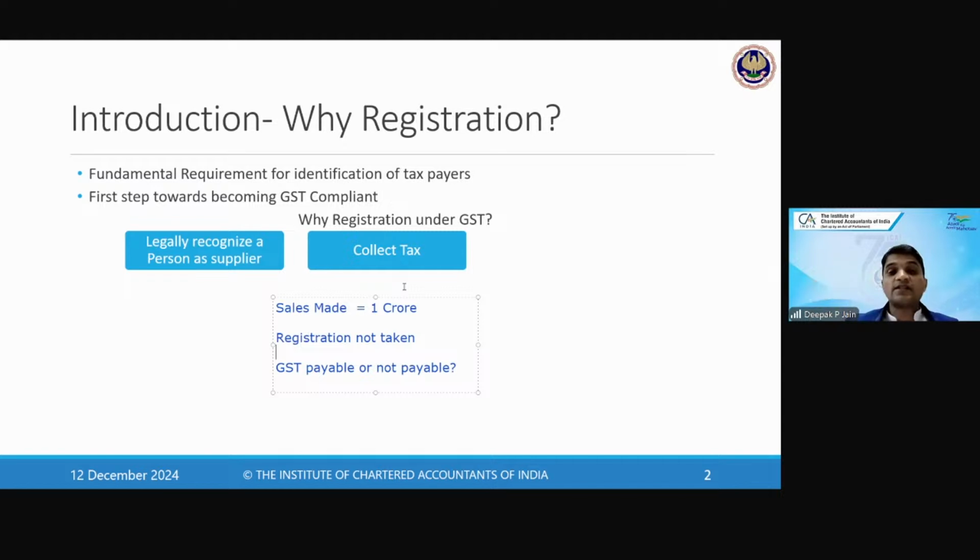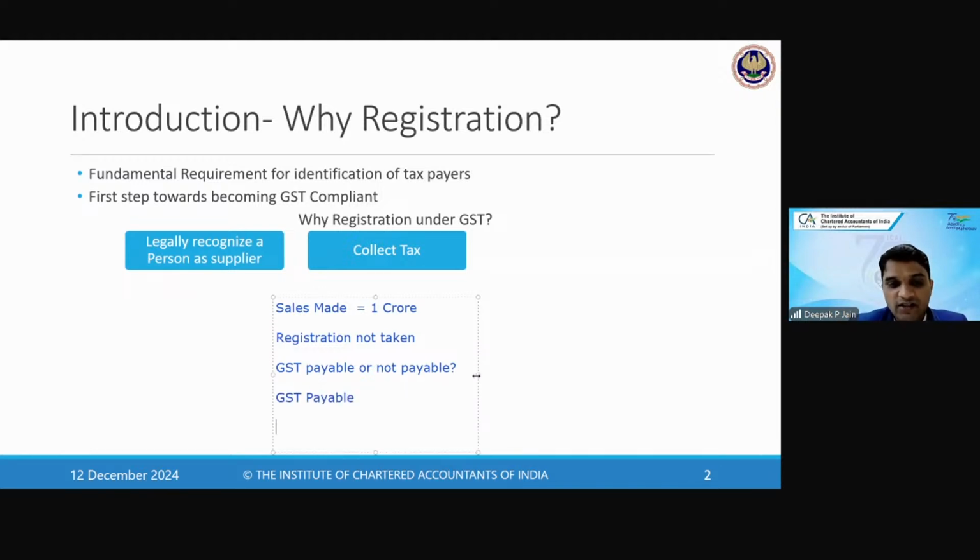But to answer that question, saying that if I'm not registered, I should not collect, is the wrong option. Your liability will still be there. Even if you do not remit it, there will be charges of interest and penalty leviable on you. You do not have a right to collect it. 1 crore ka sale kiya, registration not taken, GST will be payable.